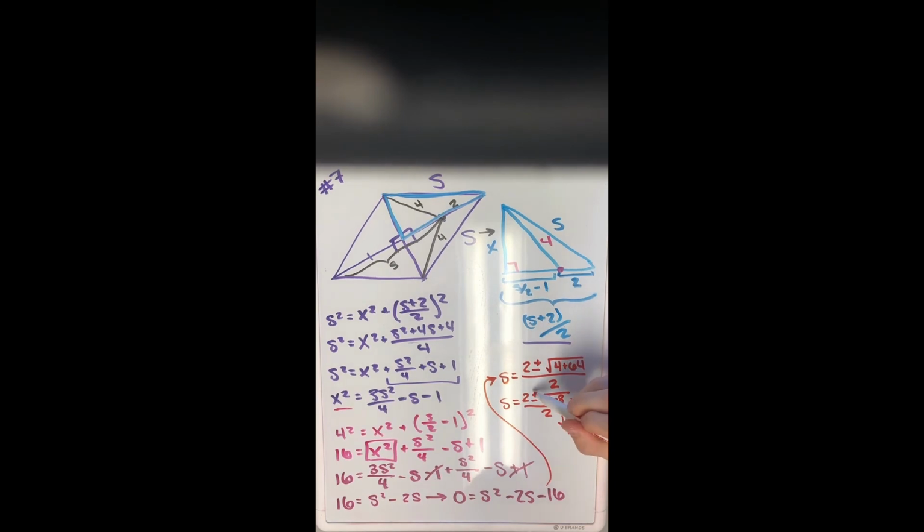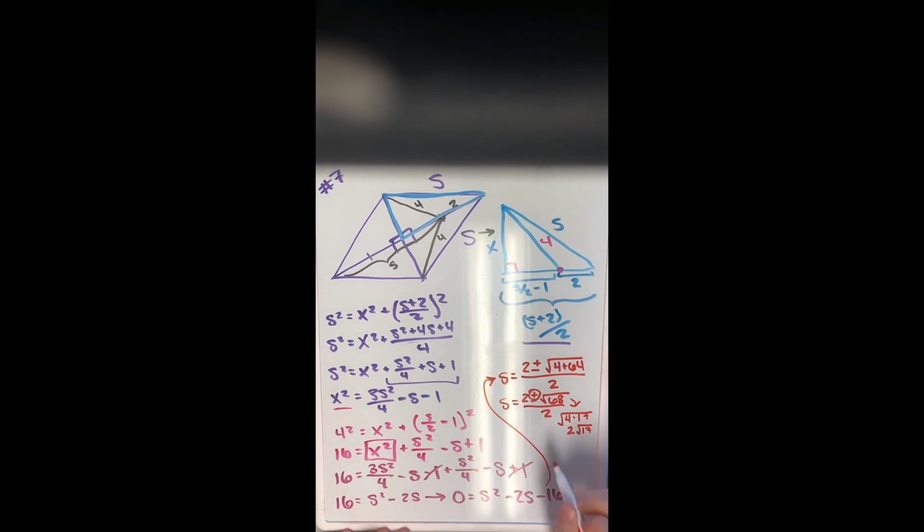Now, we only want the positive portion of this because if you use the negative, the 2 minus radical 68, you'll get a negative number, and the side length of a rhombus cannot be negative, so we only want 2 plus radical 68 over 2.